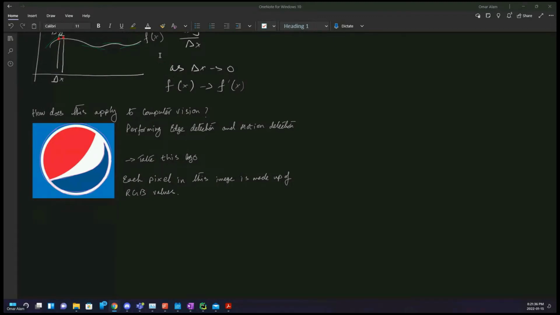So we start off by finding the derivative function of the RGB values.